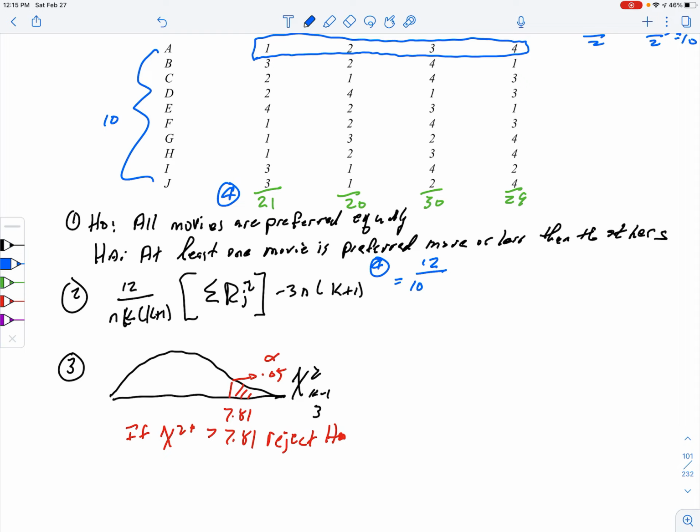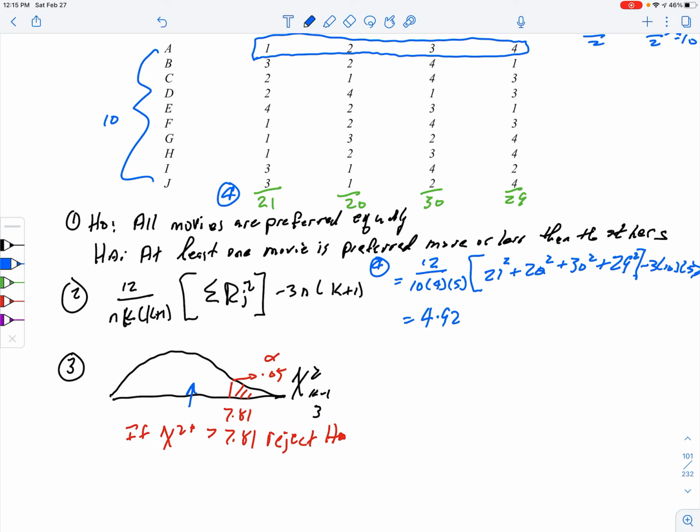Times 4, which is your k, 4 movies, times k plus 1. Then you take the sum of the Rjs: 21 squared plus 20 squared plus 30 squared plus 29 squared, minus 3 times 10 times 5, which is k plus 1. And that turns out to be 4.92.